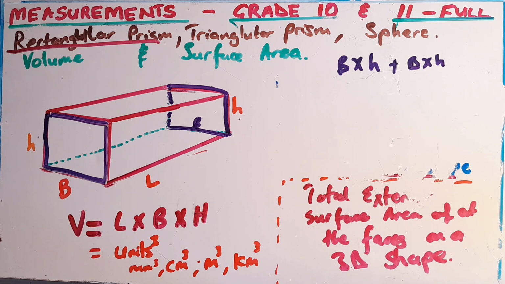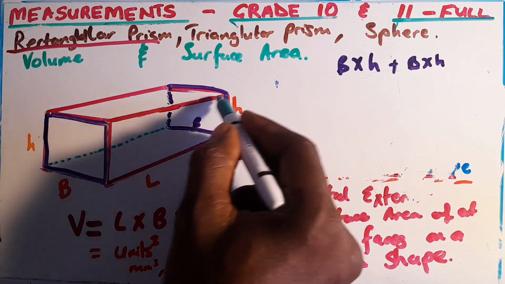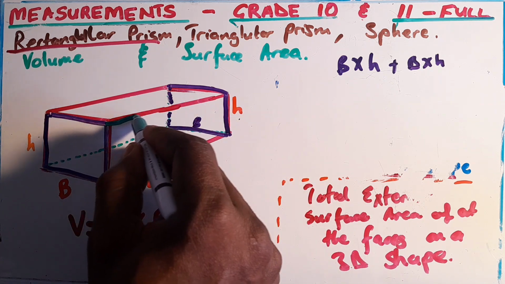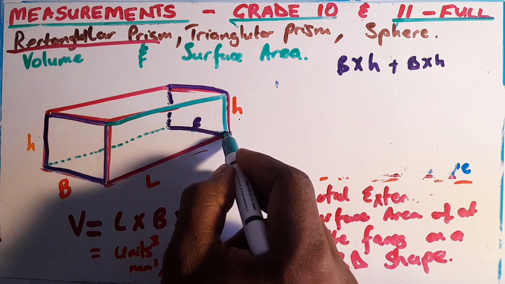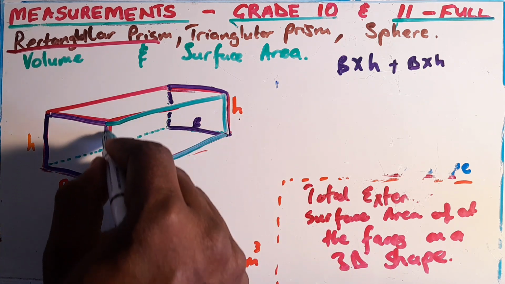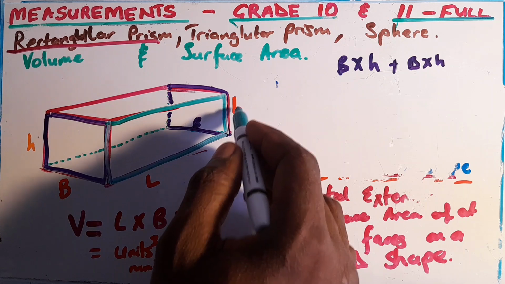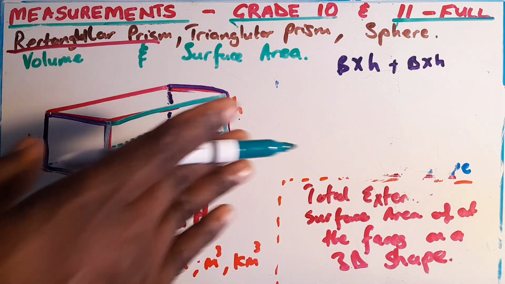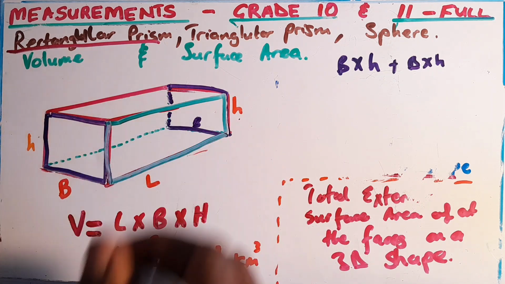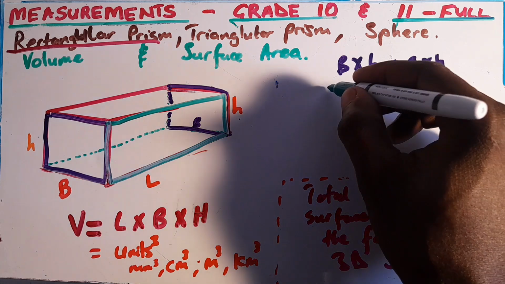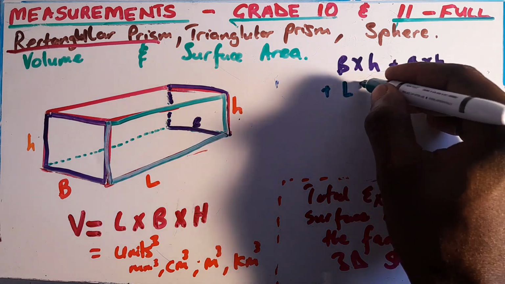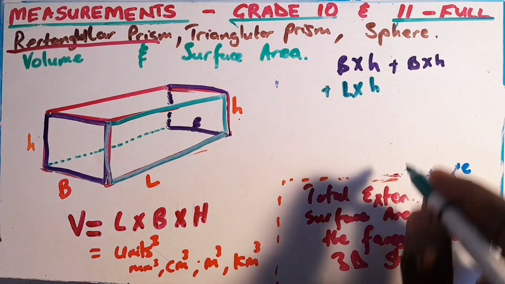And if we check on this side that is facing us, we can see that this face has this dimension. It has the length and the height. So we also have a face that has a length and a height.